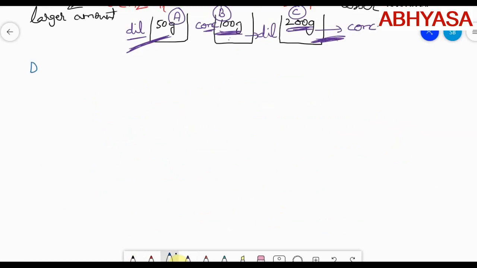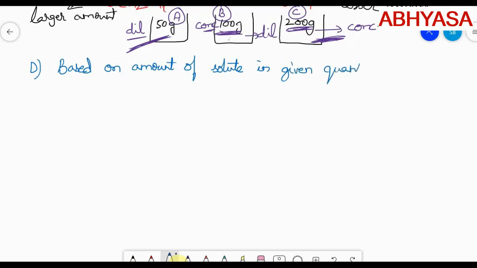Let us discuss one more last type of classification, and that is also very important. This is again almost on the same basis, based on the amount of solute present in a given quantity of solution. What is the amount of solute present? Accordingly, we divide the solution into 3 different types.